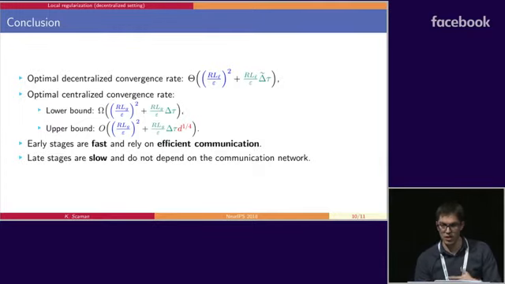So here on the first stages of the convergence, the communication network plays a real role. Whereas for the later stages of convergence, the convergence will be slower and will not depend on the communication network.